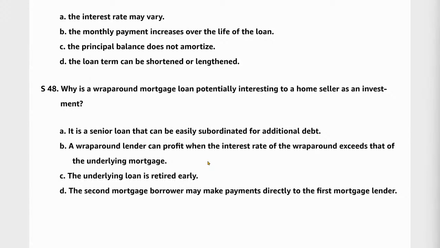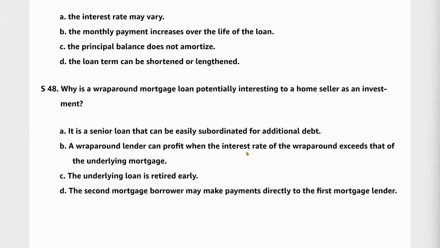Now, the advantage is that if their loan is a low interest rate, they can charge a higher interest rate based on the current market, or with owner financing, you typically charge higher interest rates, right? Because the owner is taking the risk. If they can get a low interest rate through a lender, then go to a lender. You don't want owner financing. But a wraparound is basically owner finance, but the initial loan is staying in place.